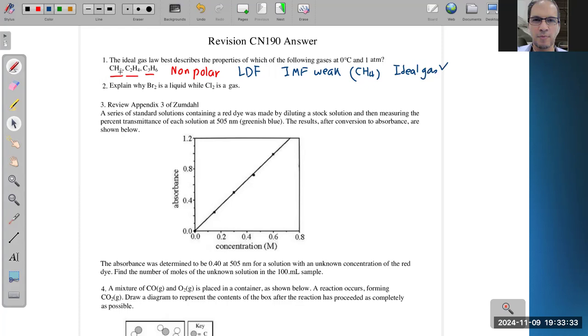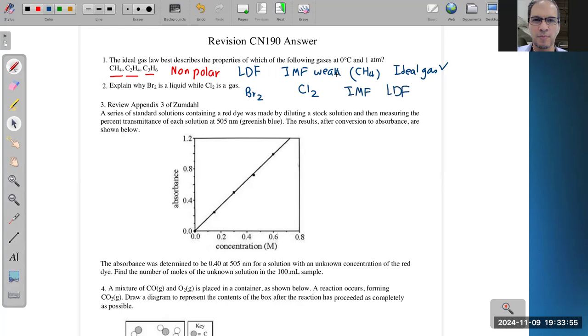The second question is a regular question: why is Br2 a liquid and Cl2 a gas? We know that the answer to this one lies in the same idea. Both of them contain only one type of intermolecular forces, which is the London dispersion forces.